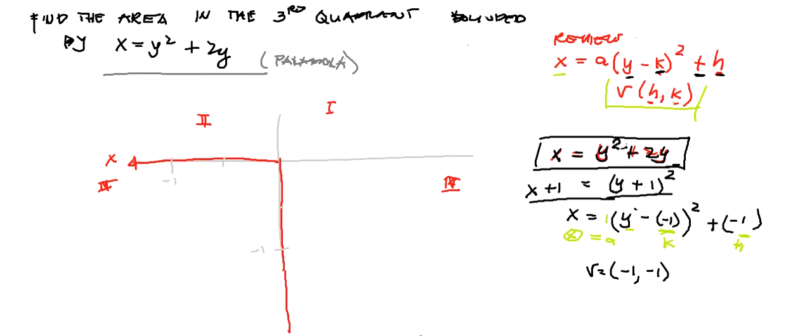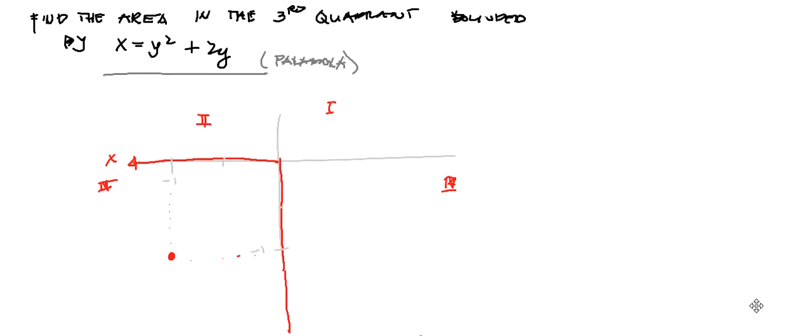So negative 1, negative 1. This is our vertex. Then we need to determine the points where our parabola intersects the x-axis and y-axis. Let me erase this first.